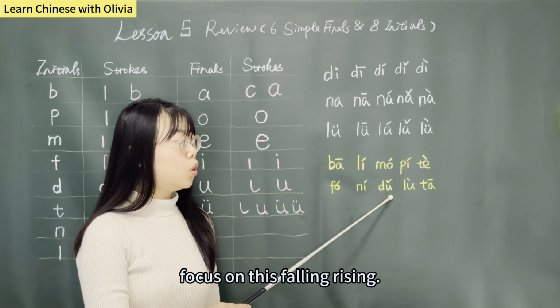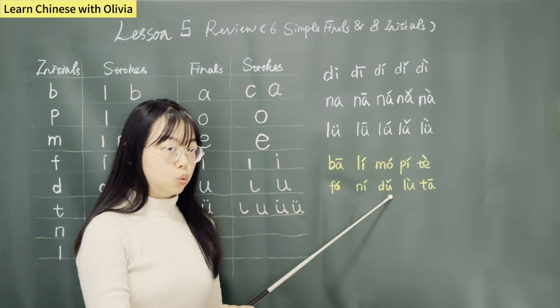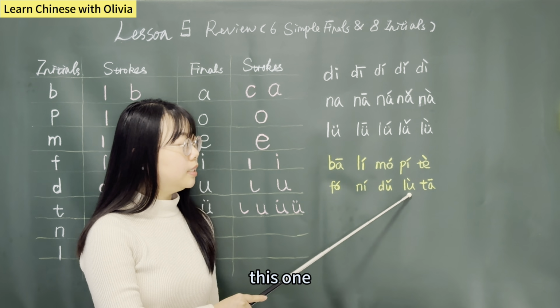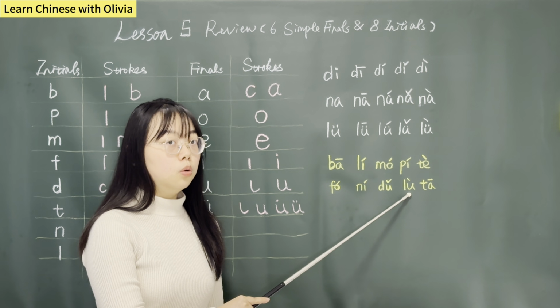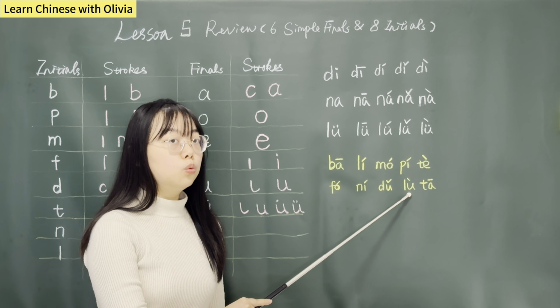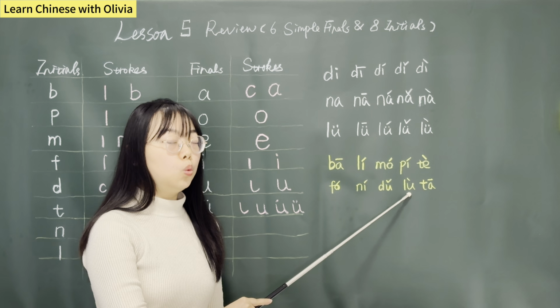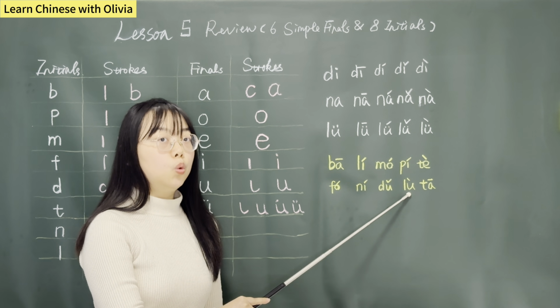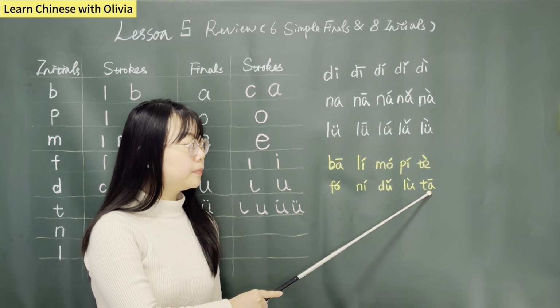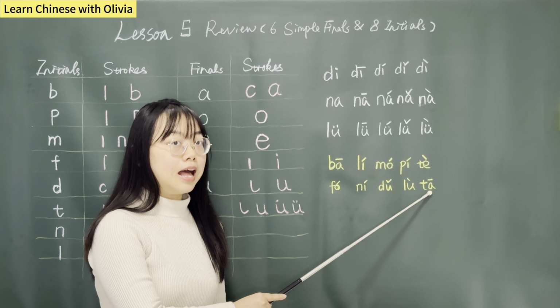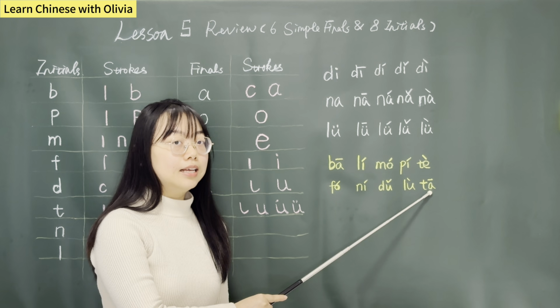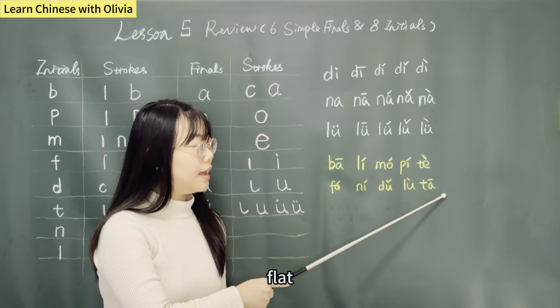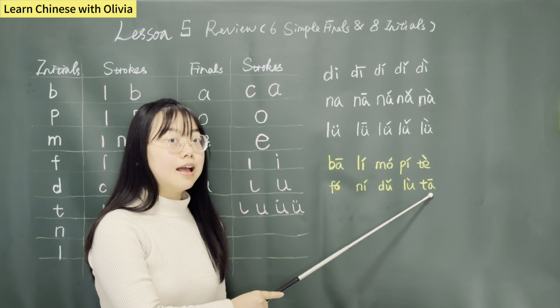Falling, rising. Du, du. This one. Le, u, lu. It's falling. Lu, lu. Te, a, ta. Flat. Ta, ta.